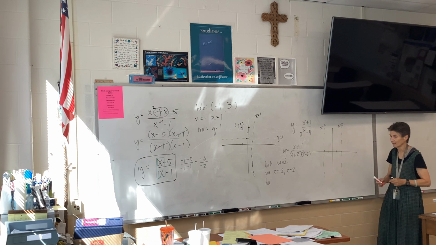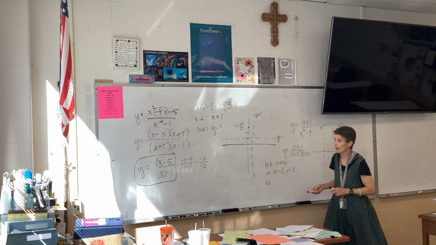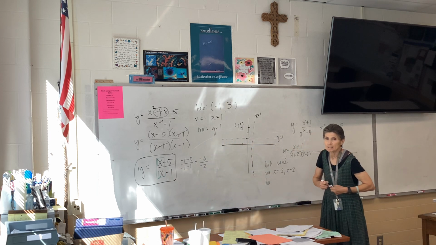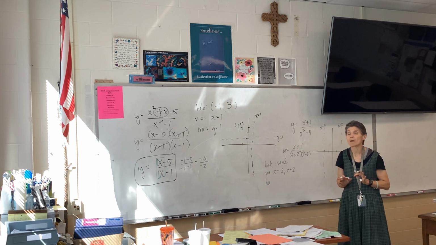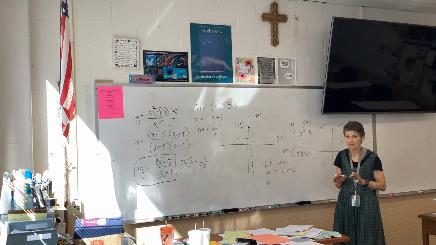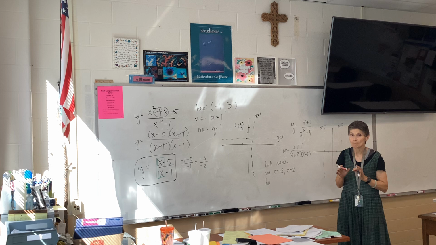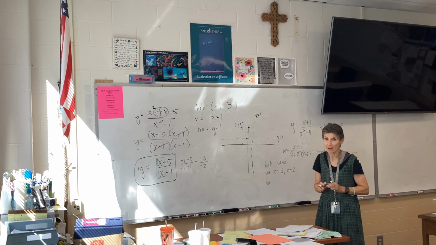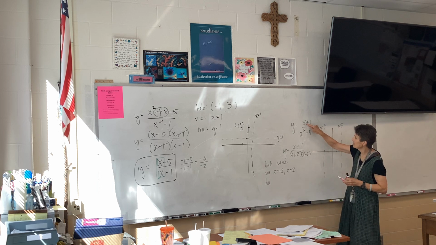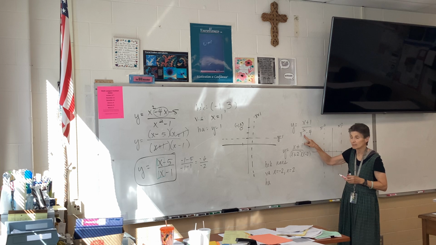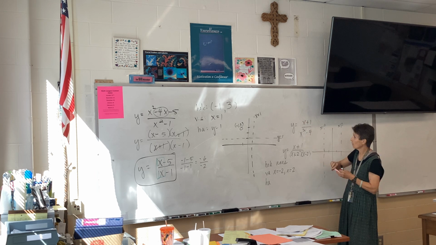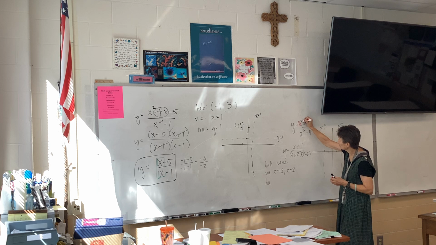Now what about horizontal asymptotes? Well, remember, how do we get horizontal asymptotes? We box them in. Now remember though, this is the tricky part. You have to box in the highest power, and it has to be that power on the top and the bottom. So in other words, I can't box in an x and an x squared. This is my biggest power. So when I box in, it has to be x squared over x squared. Well, I don't have an x squared up there, so I'm going to add 1.